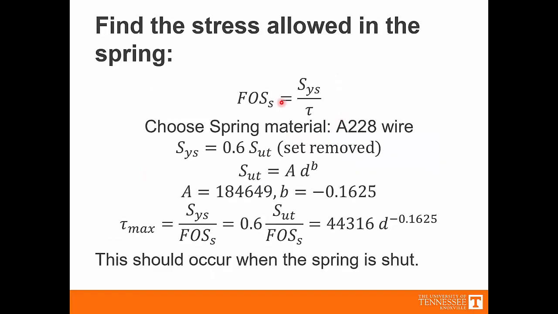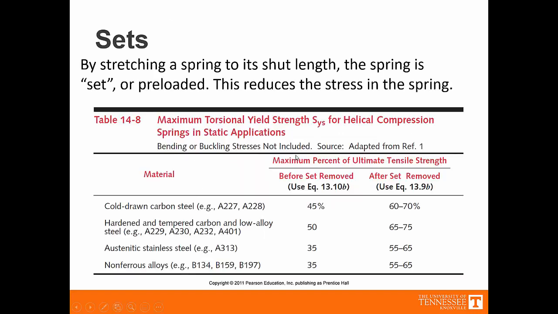All right, so our total factor of safety is going to be equal to the yield shear strength divided by the stress, the maximum stress that's in the material. Now, we know that the yield shear strength is equal to 0.6 of the ultimate strength with the set removed. Again, backing up a slide, that's coming from this equation right here, 0.6.